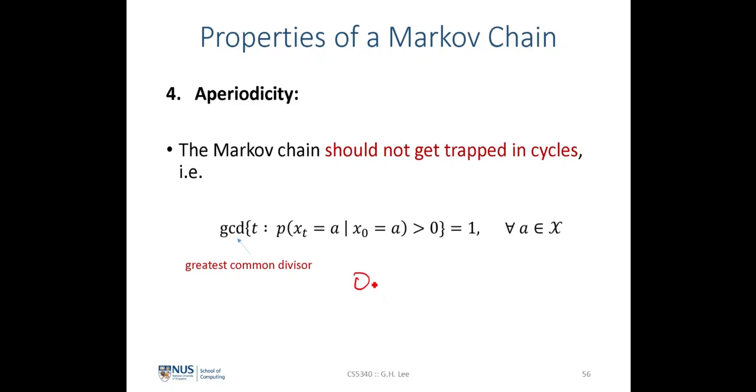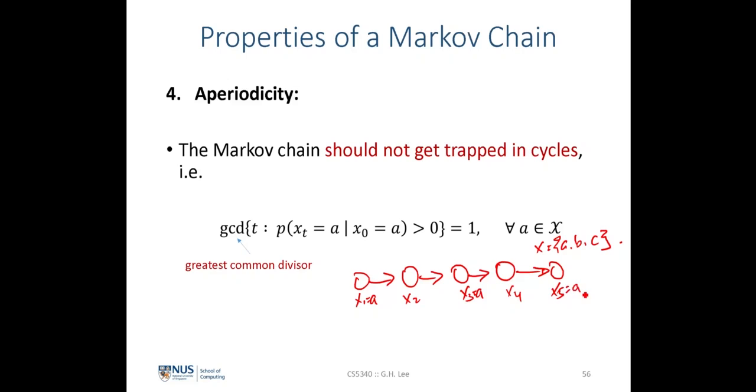Suppose that I have this Markov chain, for example, where x can take any state of a, b, and c. Now suppose that I start off with the first random variable x1 over here, and this takes a state of a, and if I transit over x2, x3, it happens that in x3 it's also a again, and then subsequently in x4 and x5 this also takes a state of a again.